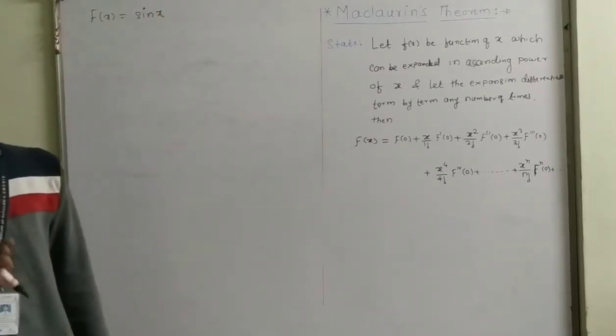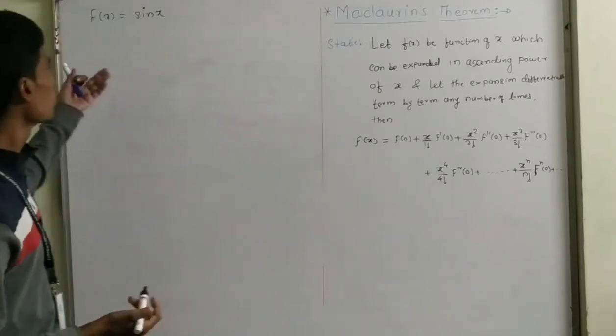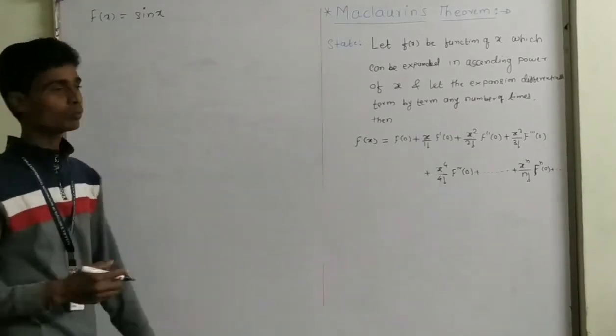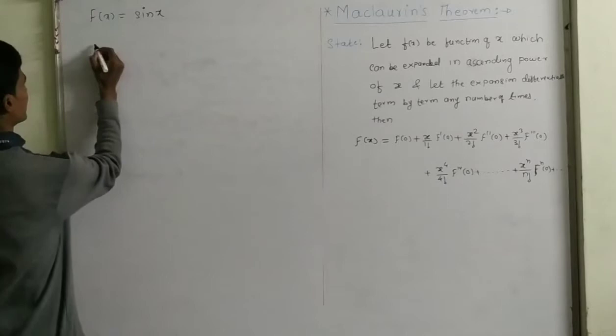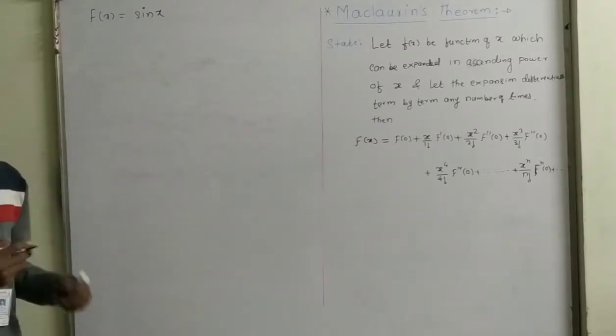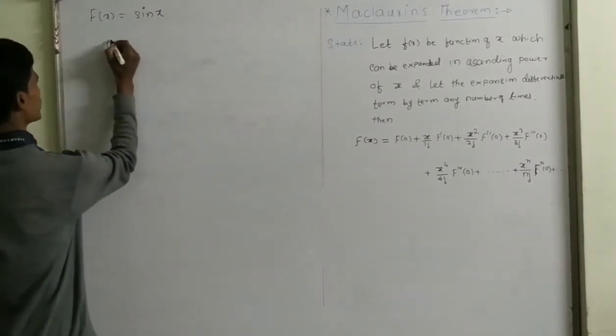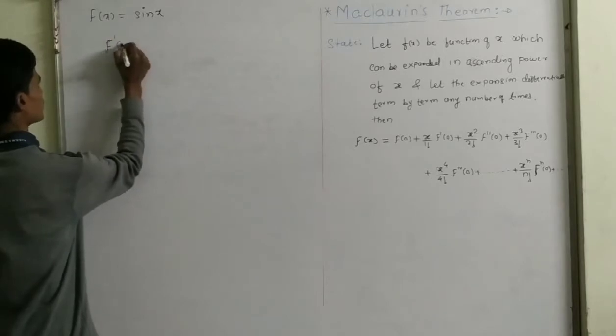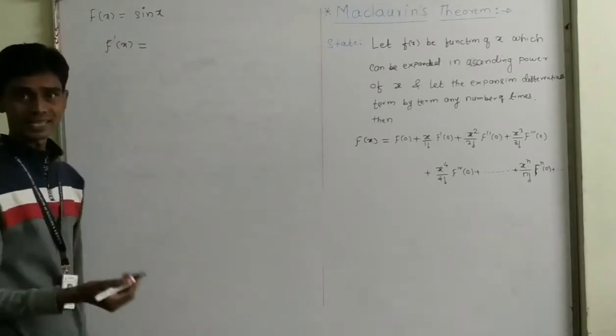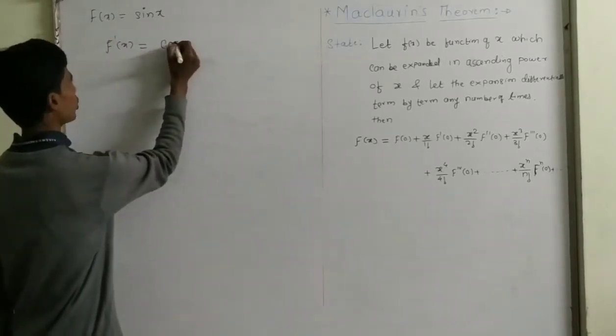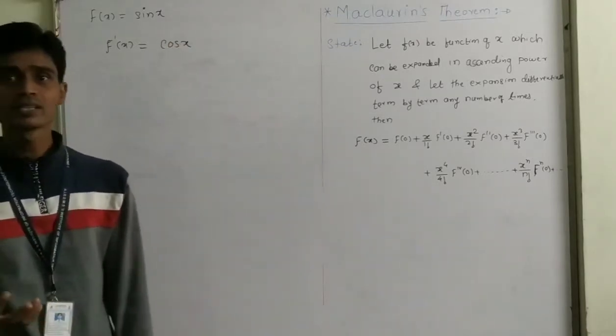We know up to now the expansion of sin x, but now how it actually comes, we see here. First, this is f of x. First our target is to find the derivatives. So first derivative, f dash of x, the derivative of sin is cos x. We know the derivative of sin is cos x.